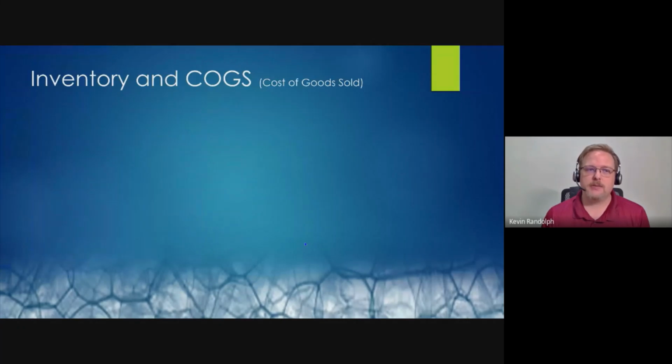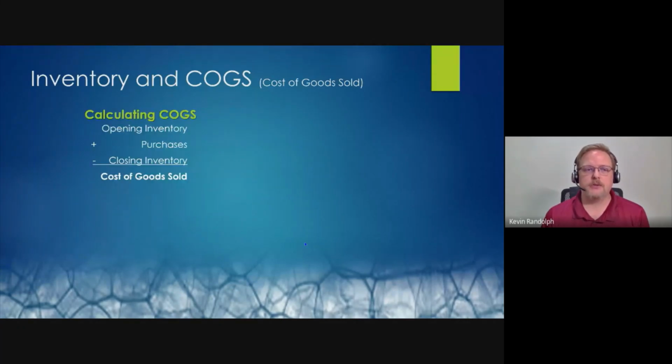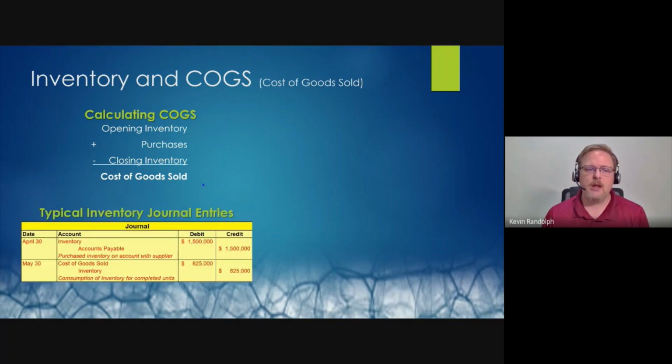So first, let's talk about inventory and cost of goods sold. To calculate our cost of goods sold, we're going to start with our opening inventory. Then we're going to add in any additional purchases during the time frame, and then minus out our closing inventory. And that's going to give us our cost of goods sold. What that's typically going to look like in the general ledger, or in the journal, is your inventory entry for the initial purchase.